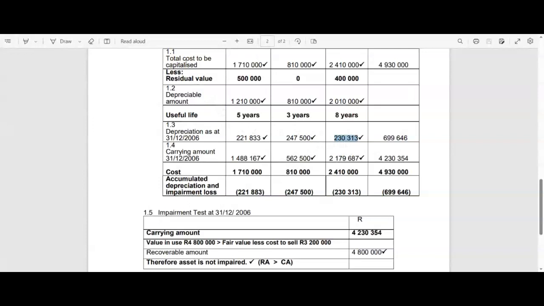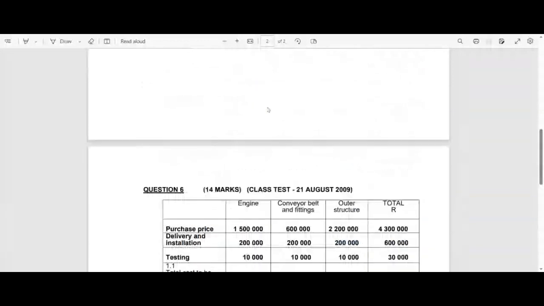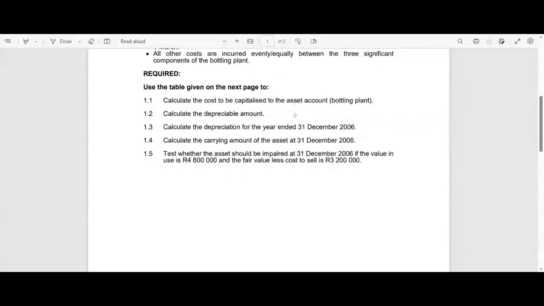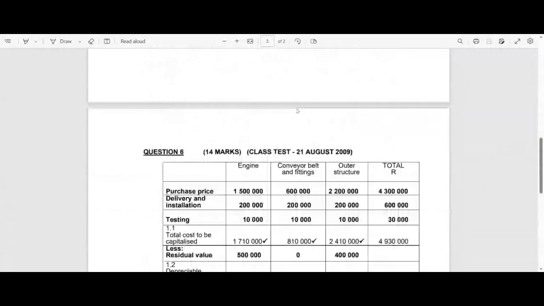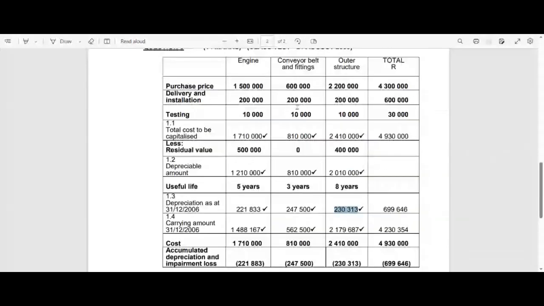Right, ladies and gentlemen, so far so good. There's one more thing that we've got to go and do, or two actually. We've got to calculate the carrying amount of the asset at the 31st of December 2006. Now, as I've said, there's another very common error that students very often make here, especially when they're a bit nervous, especially when they haven't practiced this kind of table too often.